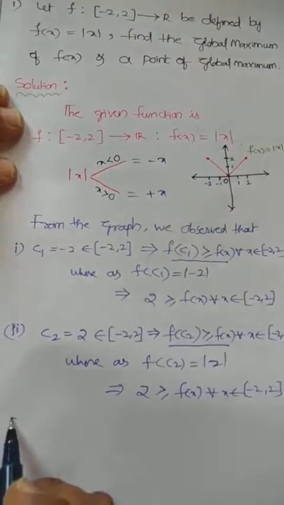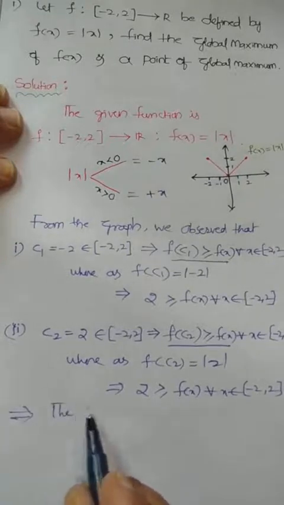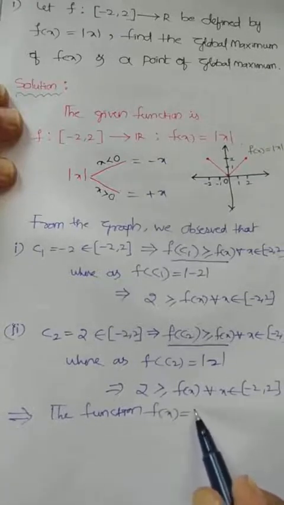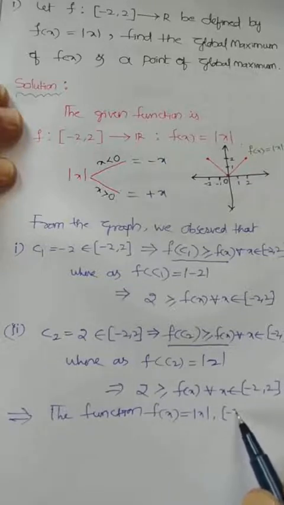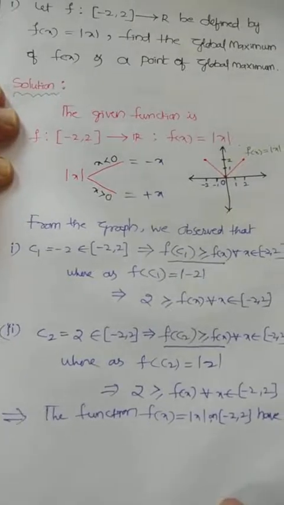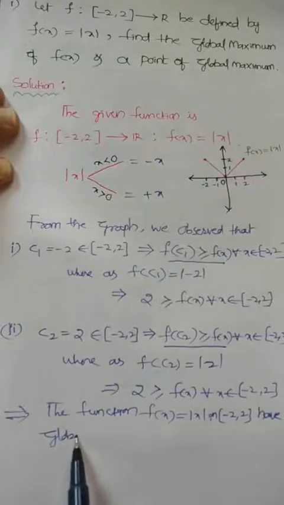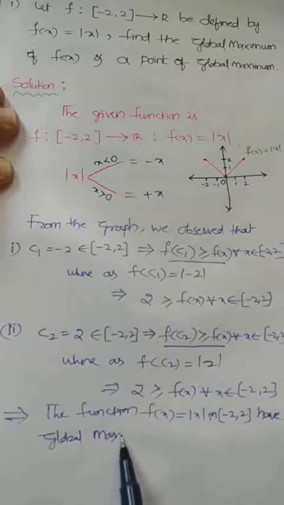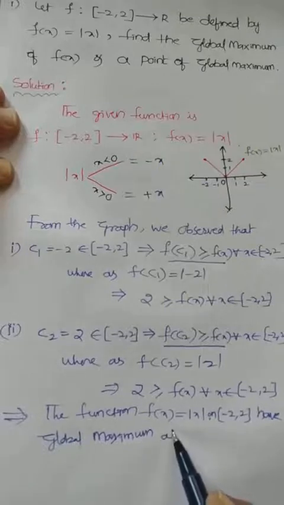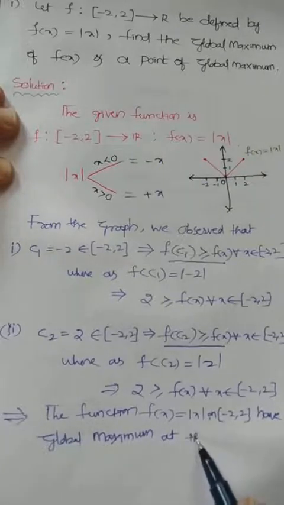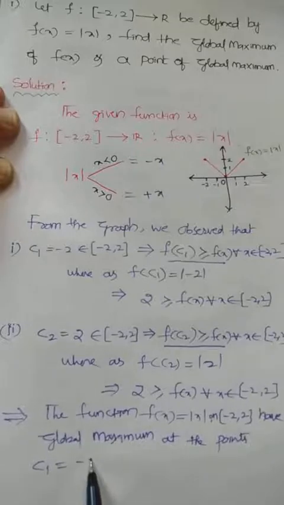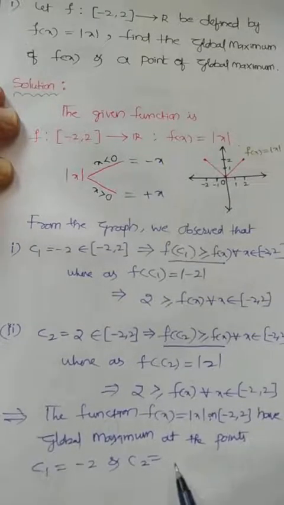That implies we can conclude that the function f of x is equal to mod x on minus 2 to 2 has global maximum at the points c1 is equal to minus 2 and c2 is equal to 2.